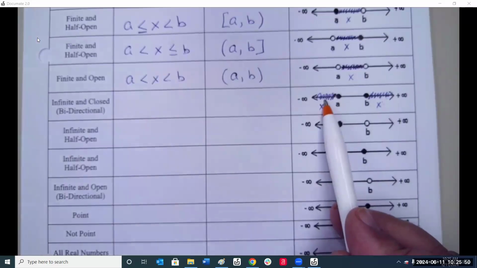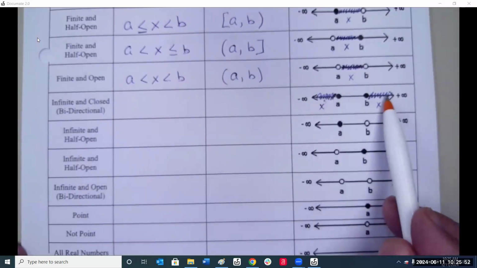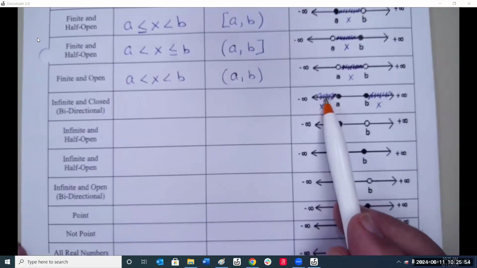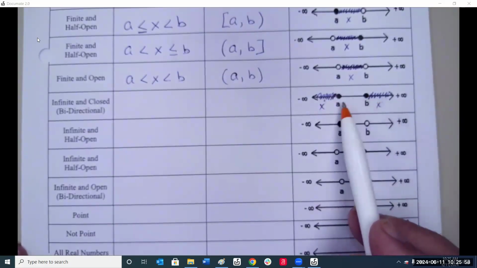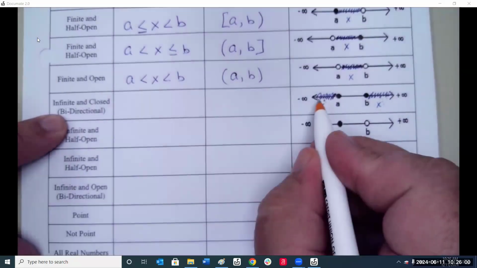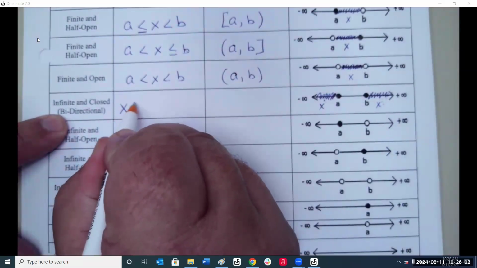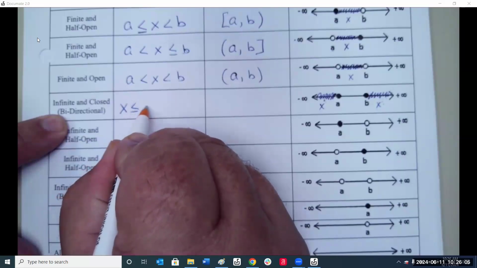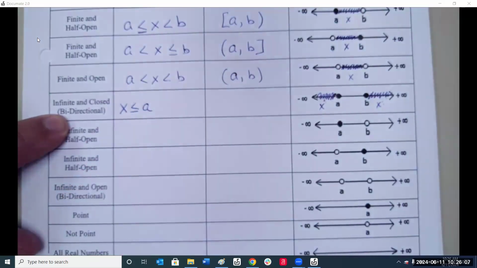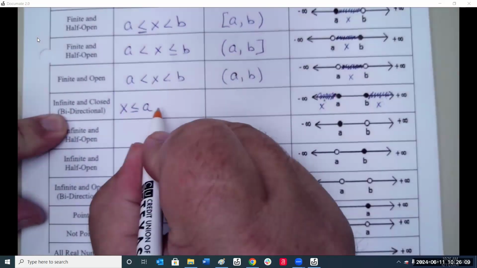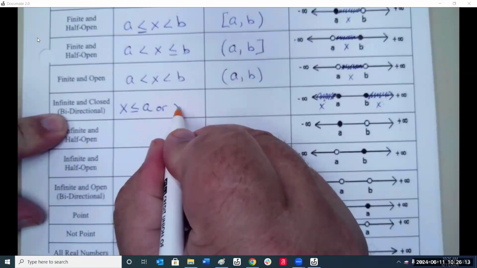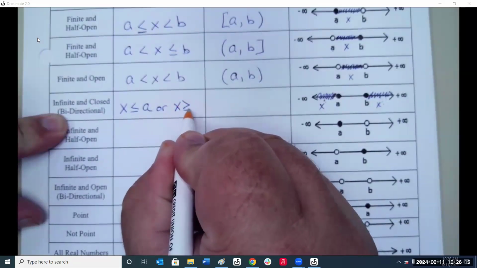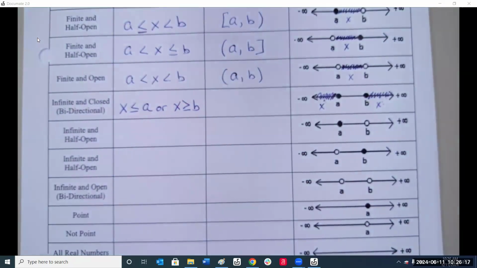In other words, it has to be or, because it's either going to be here or it's going to be here. It can't be and, because it cannot be here and here at the same time. So it's or. So we have x is less than or equal to a, or x is greater than or equal to b.